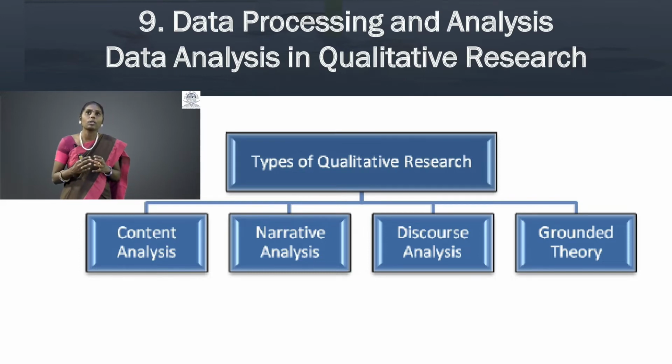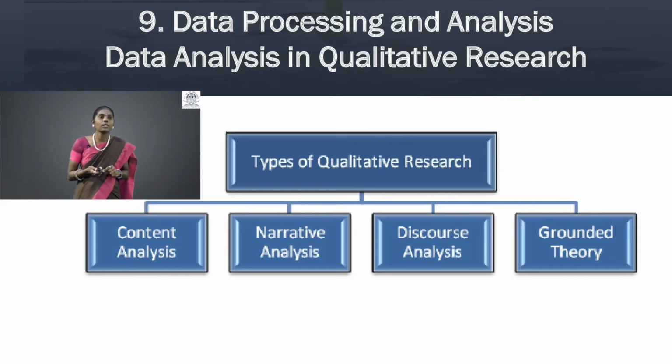In qualitative research, the data collected is usually interviews, in-depth interviews, or focused group discussions, or observations. They are available in content form, qualitatively, which cannot be quantified. So there is a different methodology that is used to analyze the data that is collected through qualitative research, right.